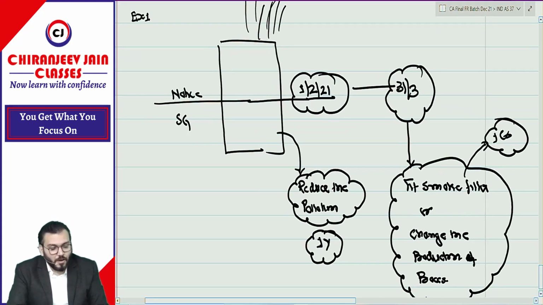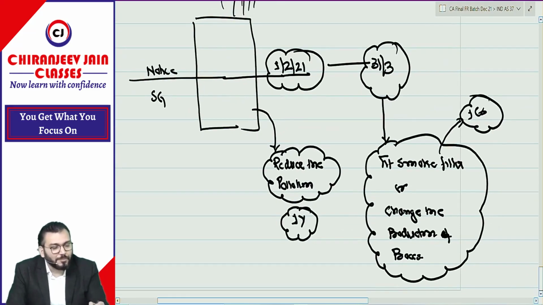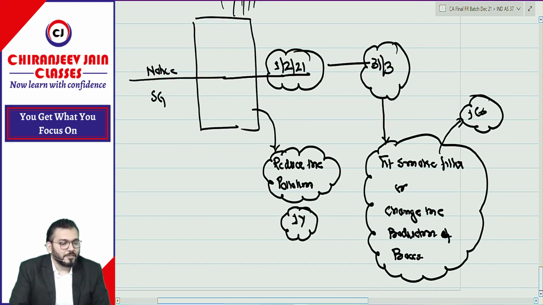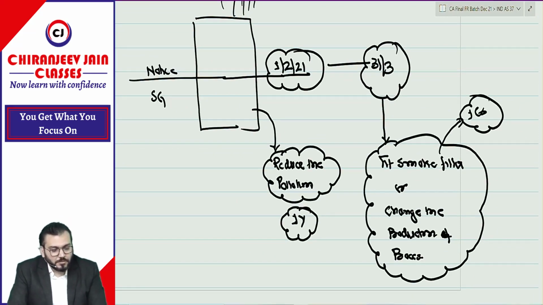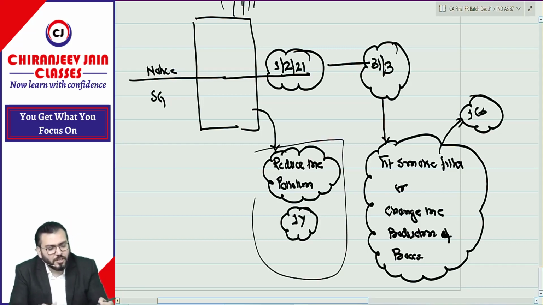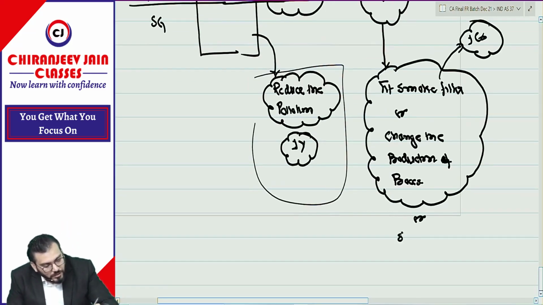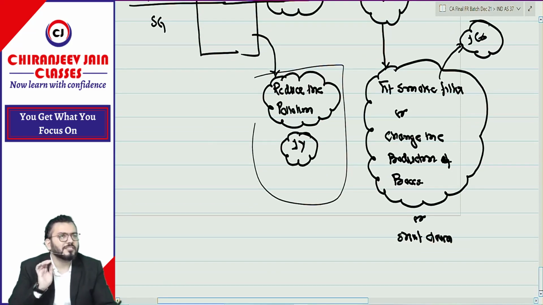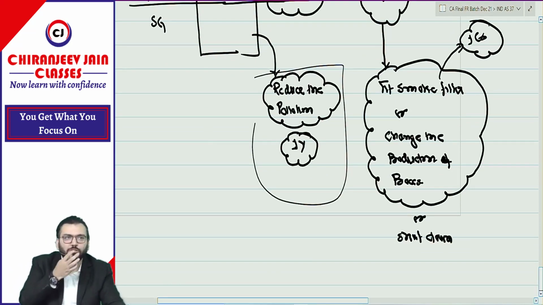Outcome is not known, of course, because of that it is a contingent matter. Then shut down the factory. If they are not able to do anything, then close down the factory.